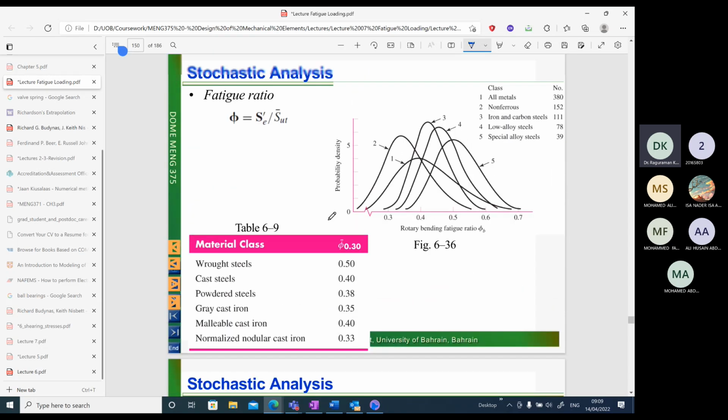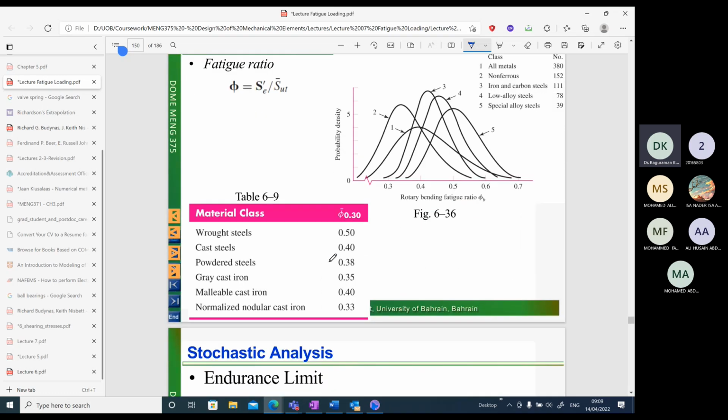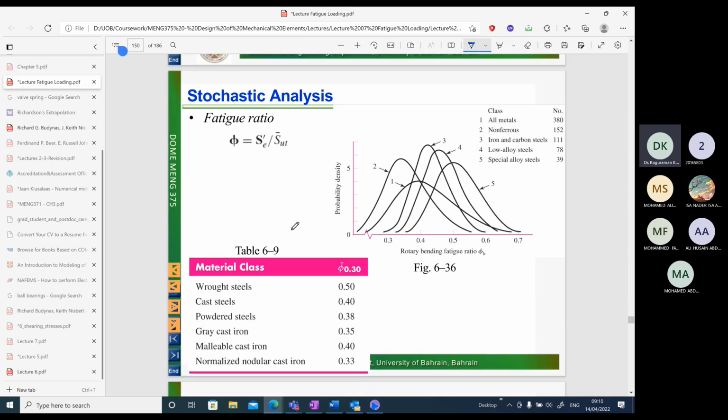Okay, so I'm going to stop right here and completely skip the stochastic analysis. If you are interested, you can go through it. In the old version of the book, you have stochastic analysis. Why do we need this? Because whenever there is some kind of uncertainty with respect to the material properties, then we will have to use stochastic analysis to solve the problems.